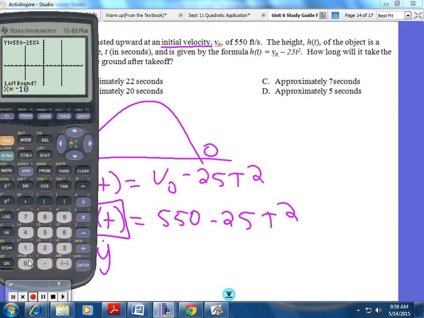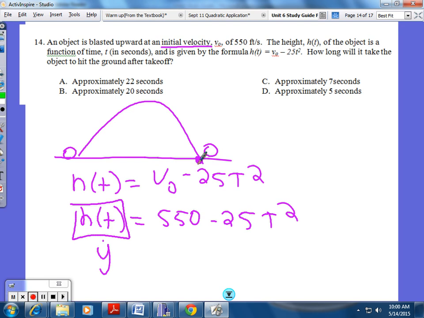Left bound is negative 10. Right bound is positive 10. Enter. And it tells me when the height is 0, it's been in the air 4.69 seconds. So that's the best way to do it, is to put it in the calculator and find these zeros. Okay?